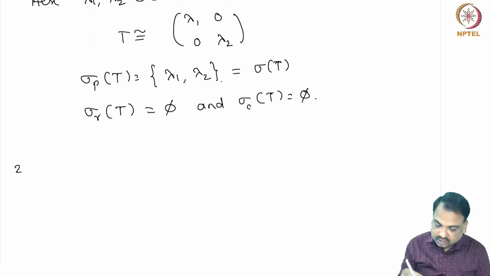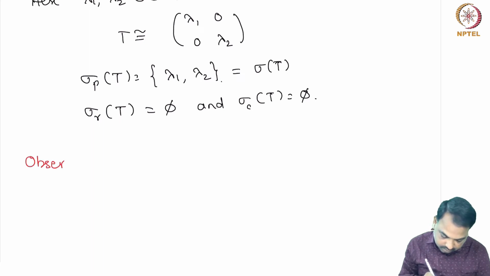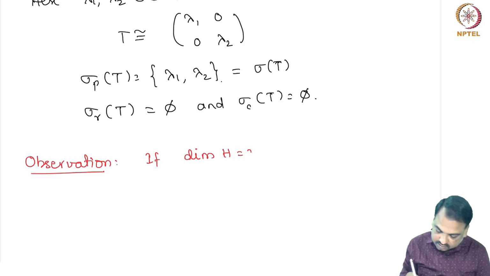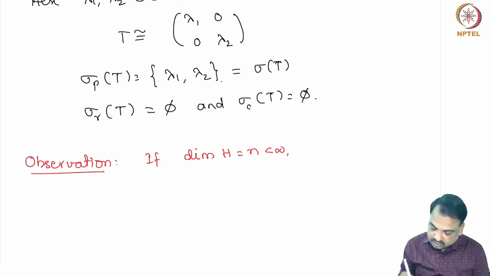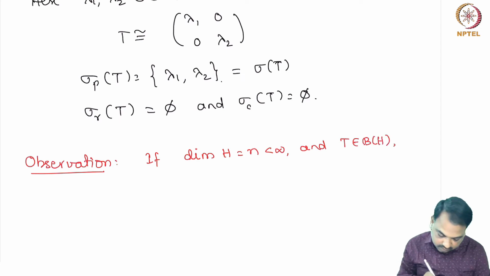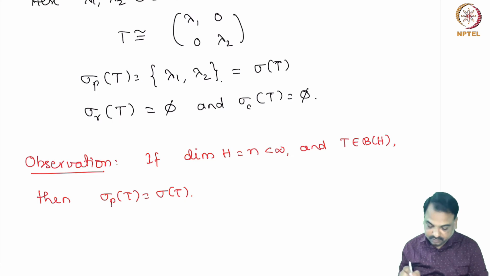And we also have an observation earlier that if the dimension of H is, let us say, n, which is finite, and T is a linear operator, bounded, then we can say that the point spectrum of T is exactly the spectrum of T. Because here T minus lambda I being one-one is equivalent to its being onto.